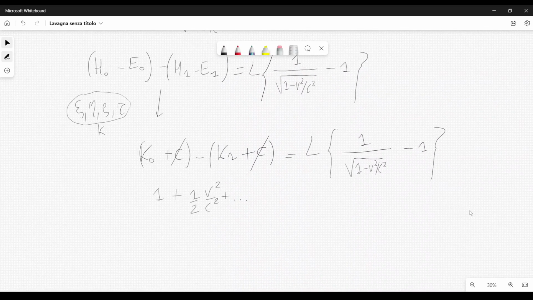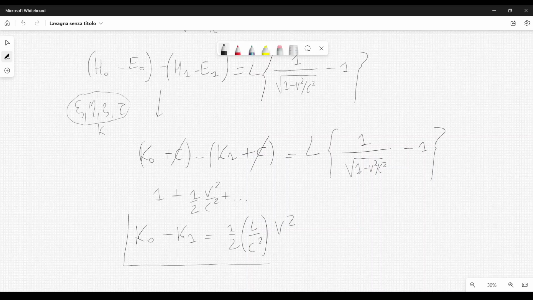With this approximation, we can write k naught minus k1 equal to 1 half L over c squared times v squared. This is the fundamental formula here.